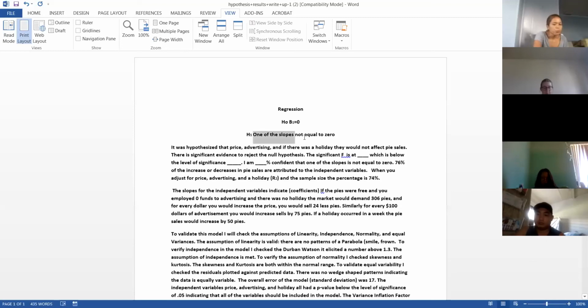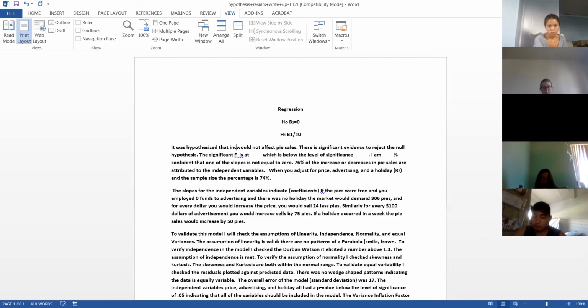So right here, I'm going to write B1 does not equal 0. Okay. So it was hypothesized that increasing shelf space would not affect or would not increase revenue.